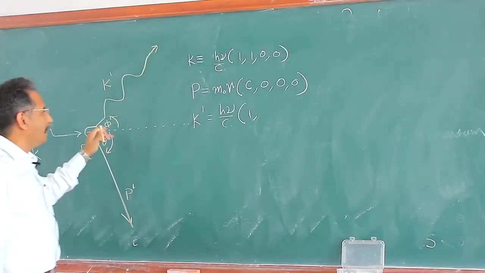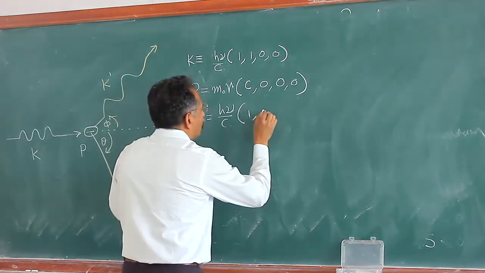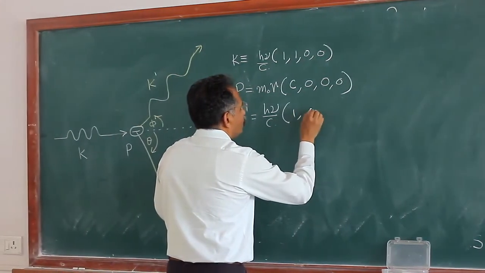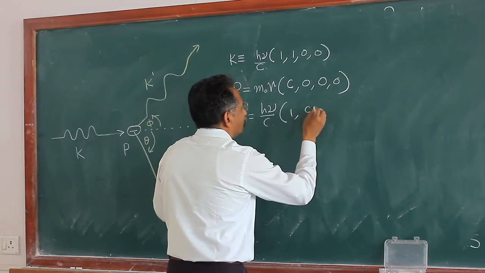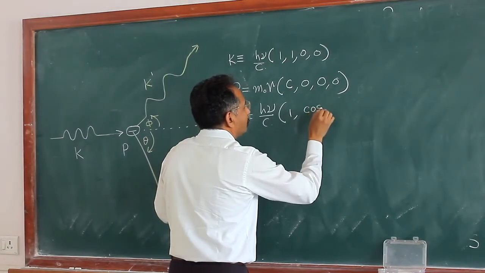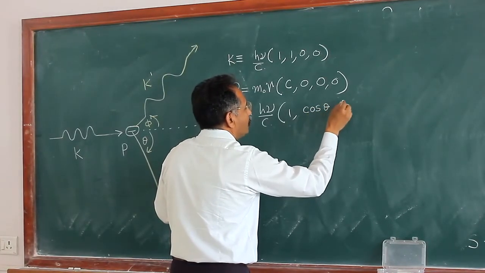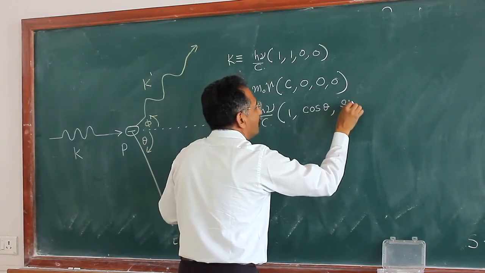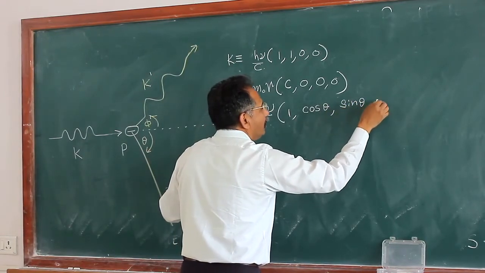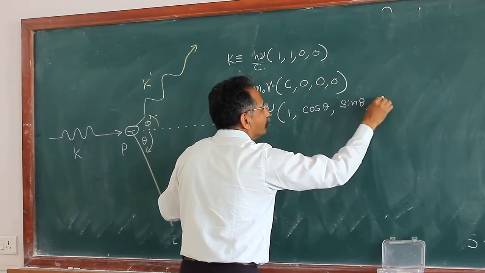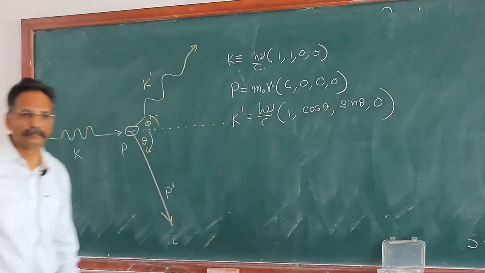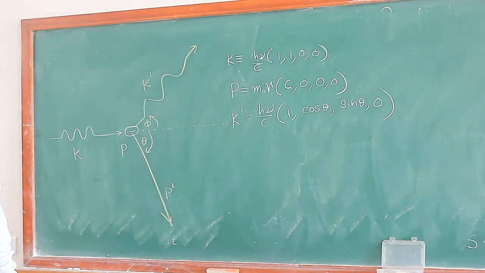Okay, and one component is h nu by c cos of theta, h nu by c sine of theta, and nothing is happening in the z direction. We are not leaving the plane of the board, so the z component is absent.